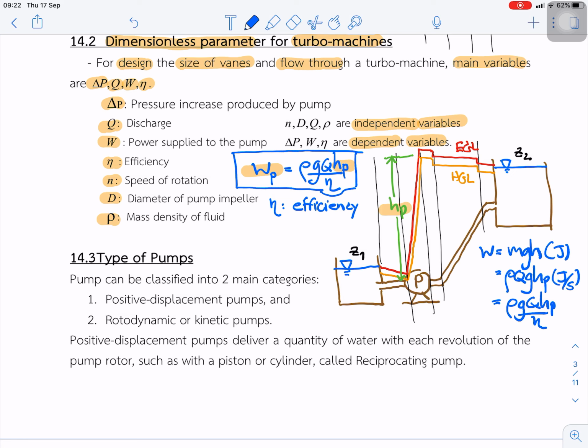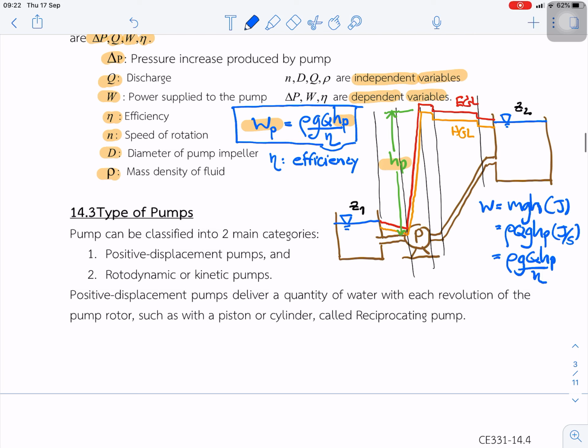If we start to write the energy equation, we can write it from point 1 and point 2, maybe using Bernoulli.